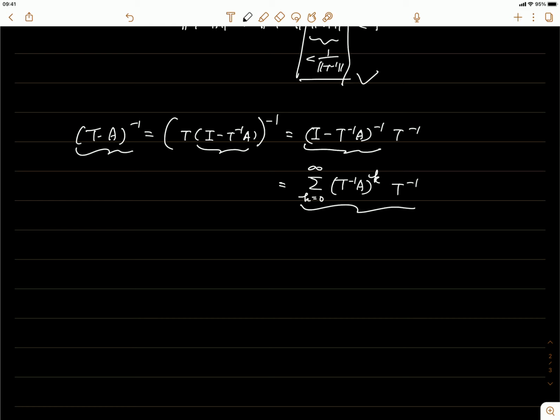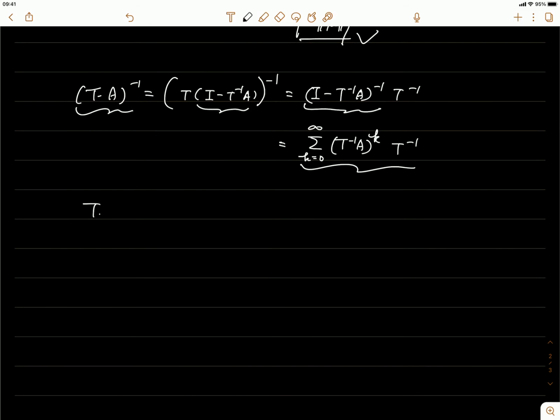So from this, you can see that if you have an invertible T from the Banach algebra, then in the neighborhood of T, where the radius is 1 over the norm of the inverse of T, and in this open neighborhood, not including the boundary, everyone in here is invertible.